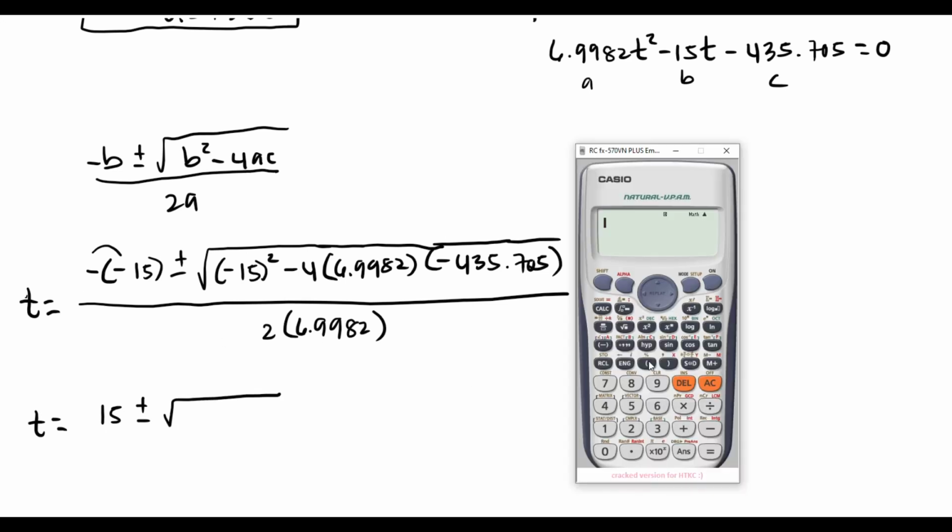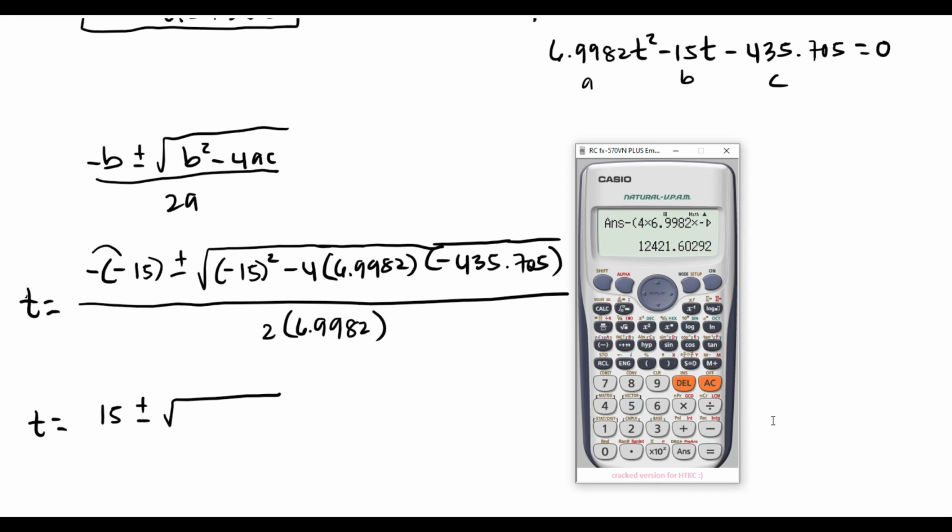So we have negative 15 to the power 2, minus, in parentheses, 4 times 6.9982, times negative 435.705.